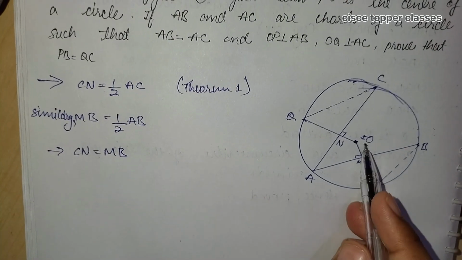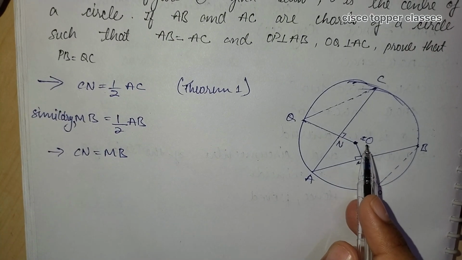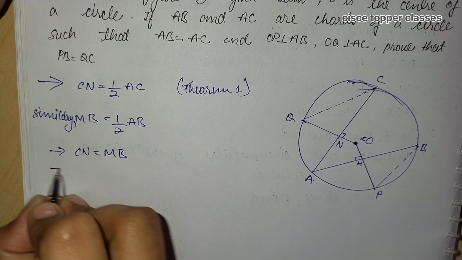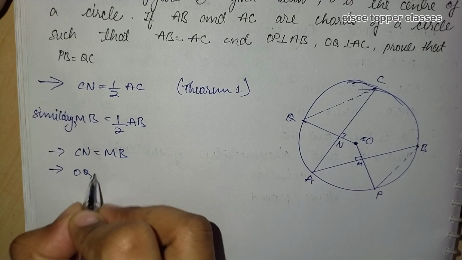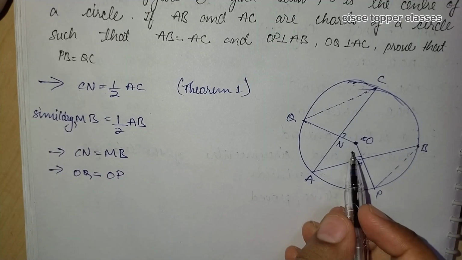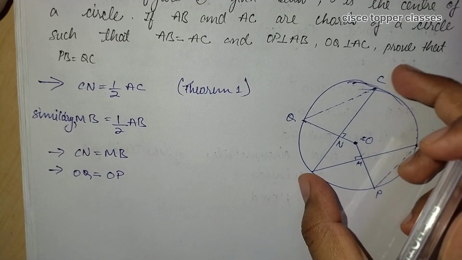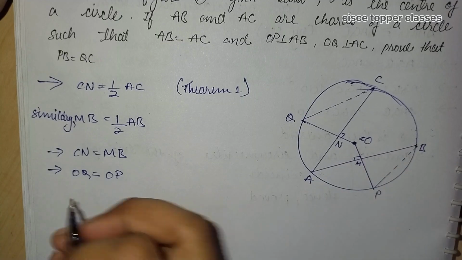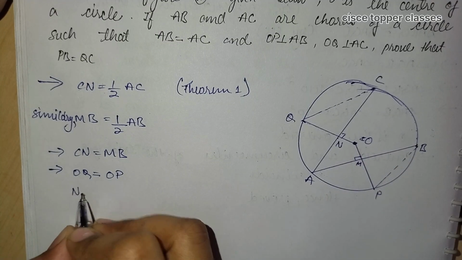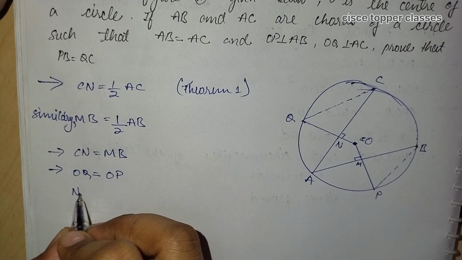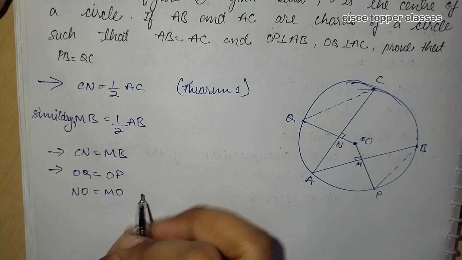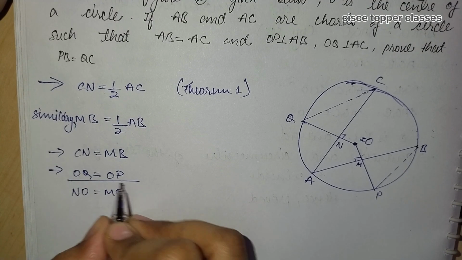As we know, OP is the radius of this circle and OQ is also a radius of the same circle. So we can write that OQ is equal to OP. And as we know, if two chords of a circle are equal, then their distances from the center are also equal. So we can simply write by theorem 2, as we have studied, that NO is equal to MO.